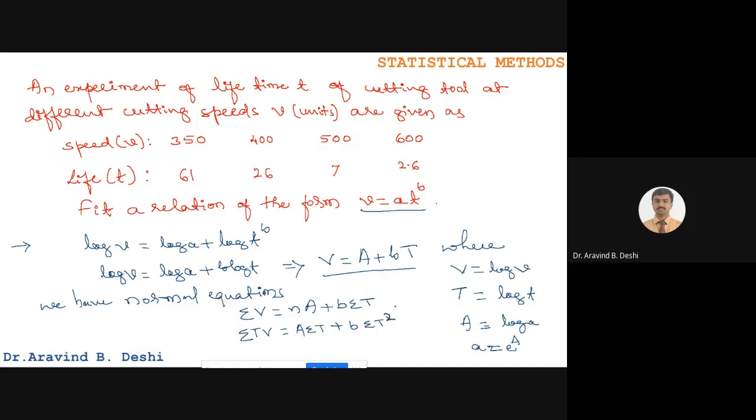We call this equation number 1, the system of equations. Here we need to find summation of V, T, TV, and T square with the help of the given data, where n is the number of observations. Here n equal to 4.